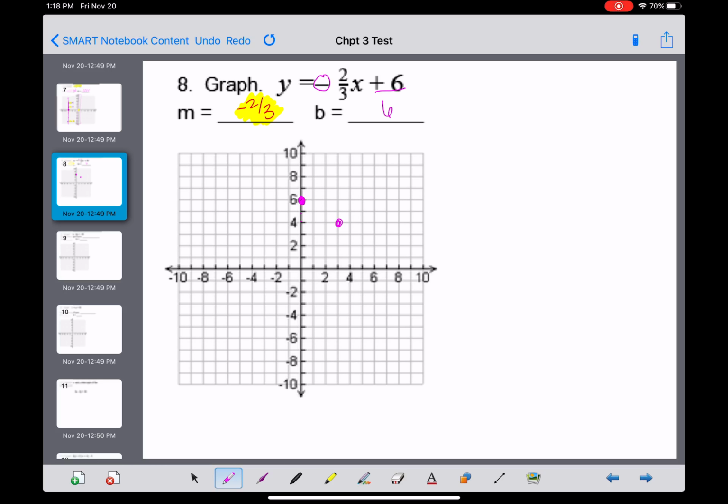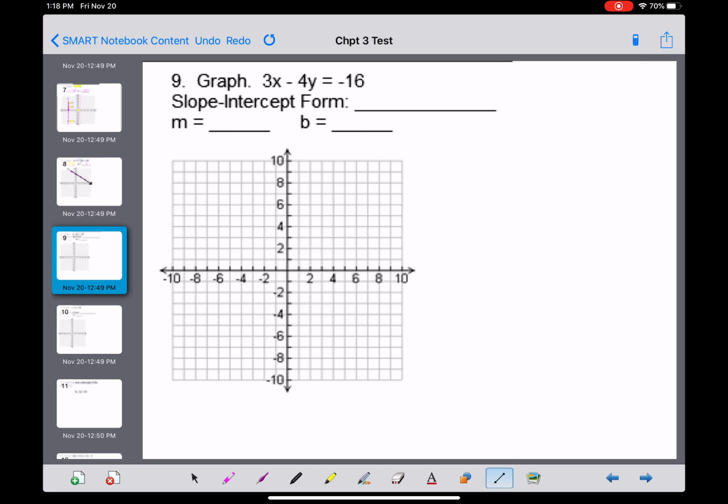If you go down 2 and backwards 3, that double negative action ends up creating a positive slope. We do not want a positive slope. We want a negative slope. So we can either go down 2 and back 3, or up, which is positive, and backwards 3, down 2 to the right 3. And that gives us our slope of negative 2/3, y-intercept of 6.